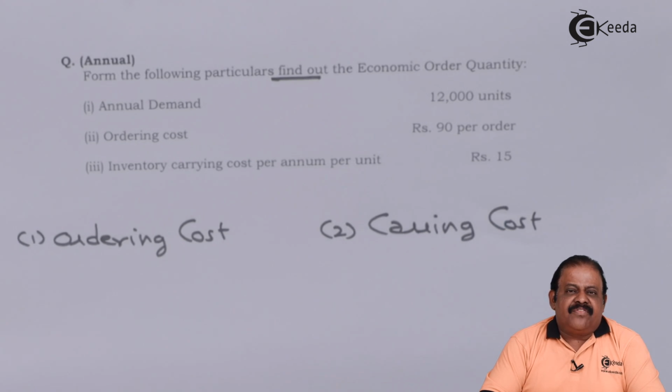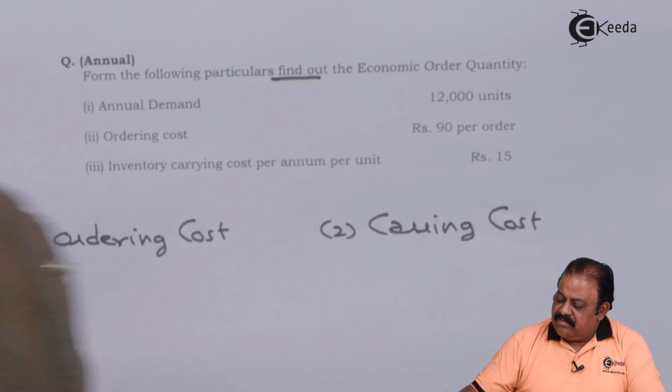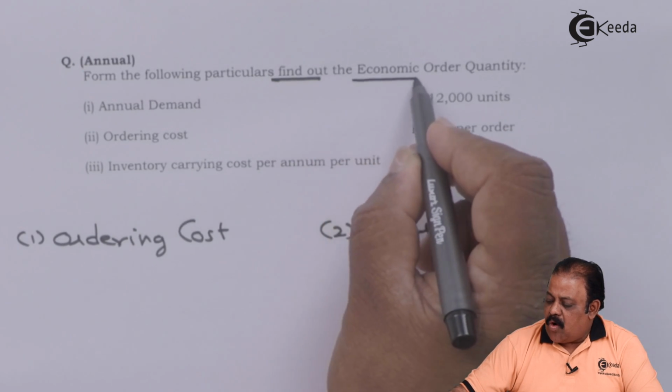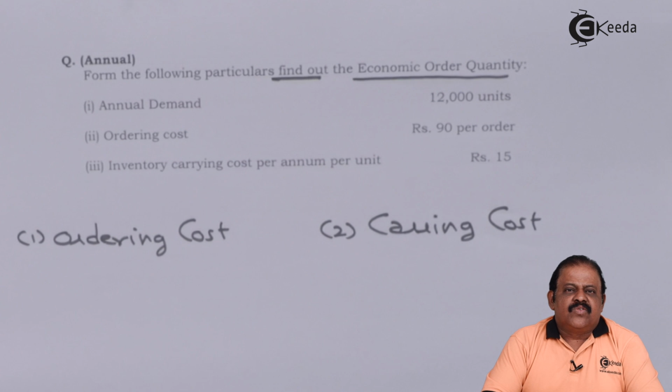So that set off is possible where you can reduce both the cost, which is called as what? Economic order quantity. So manufacturer is required to find out what is economic order quantity for his particular business activity so that he can have minimum ordering cost and minimum carrying cost.